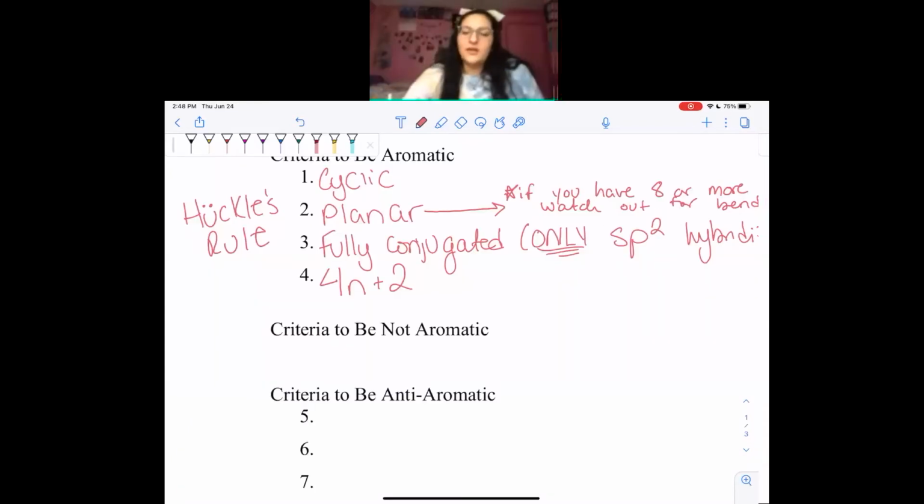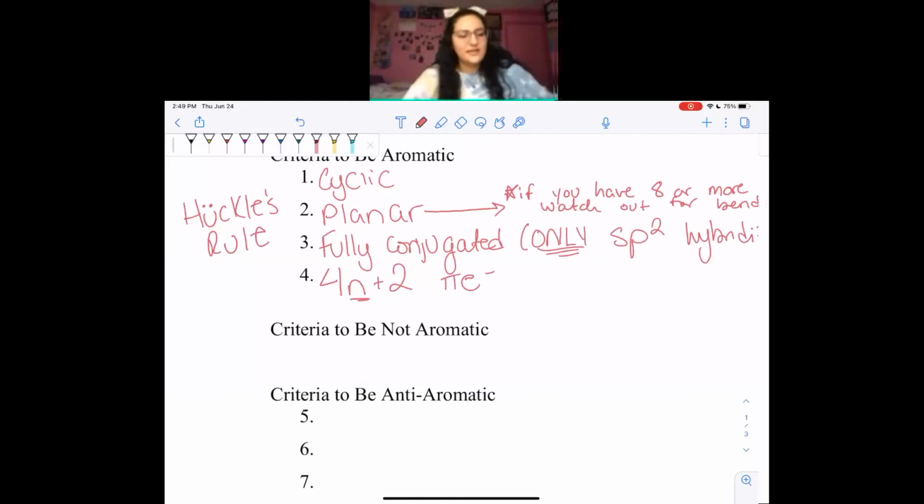Okay. So Huckel's rule basically states that in order for it to be aromatic, it has to be cyclic, planar, fully conjugated, and it has to have 4n plus 2 pi electrons. What people get tripped up about is that n is not any kind of thing. This isn't an equation that you're going to keep substituting, right?